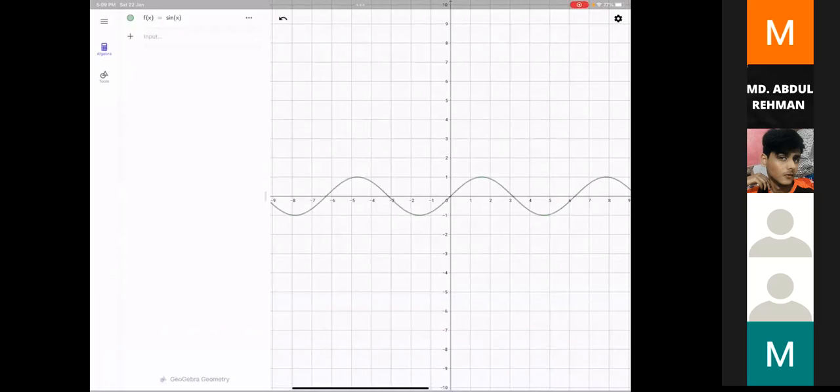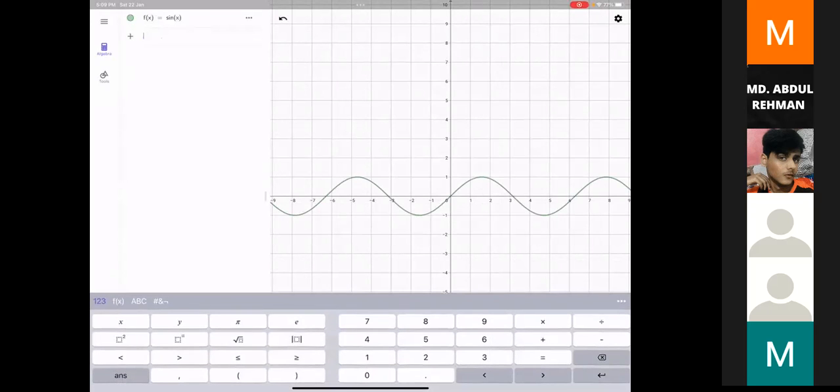You see the period is 2 pi for this. What about sine square x? Sine square will never be negative, first thing. Second thing, its frequency will double. Let me show you.